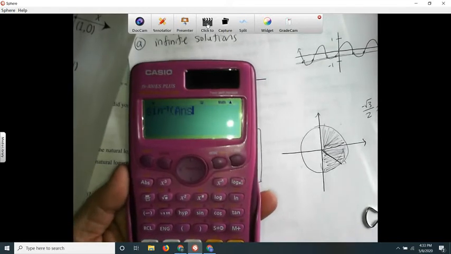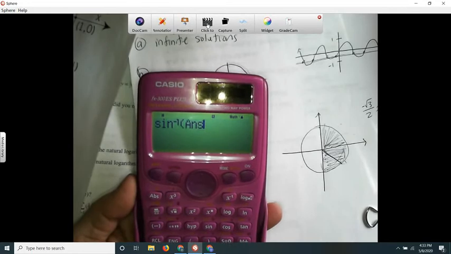Okay, so there's negative root 3 over 2, and I want the inverse sine of it, so I'm going to shift sine and then push my answer key to avoid the problems I was having earlier.